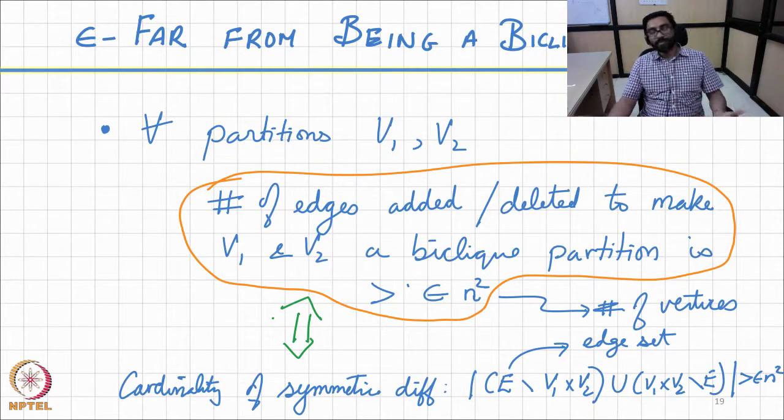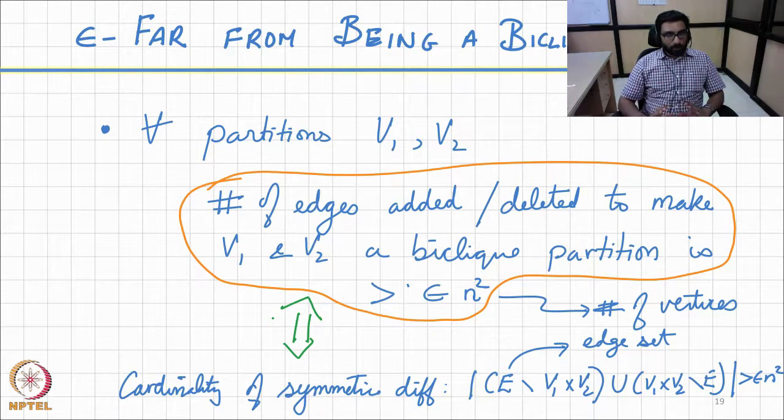The union of these two differences is called the symmetric difference between the set E, which actually exists in the graph, and the set V1 cross V2, which should be the edge set for the biclique. That symmetric difference has to have a cardinality at least epsilon n squared. So this is what it means for a graph to be epsilon far from being a biclique.